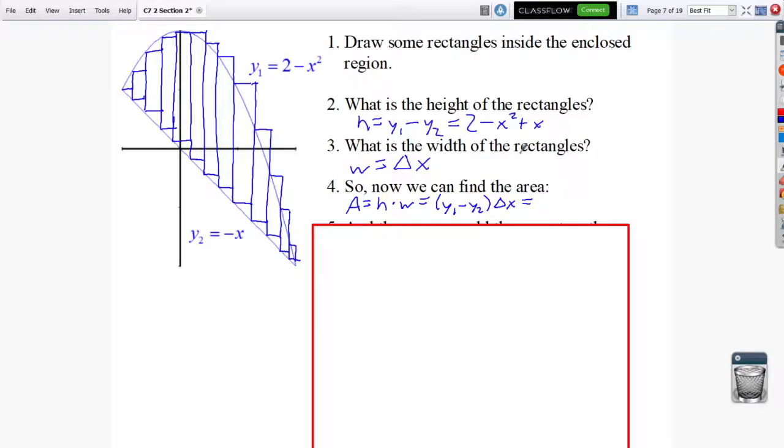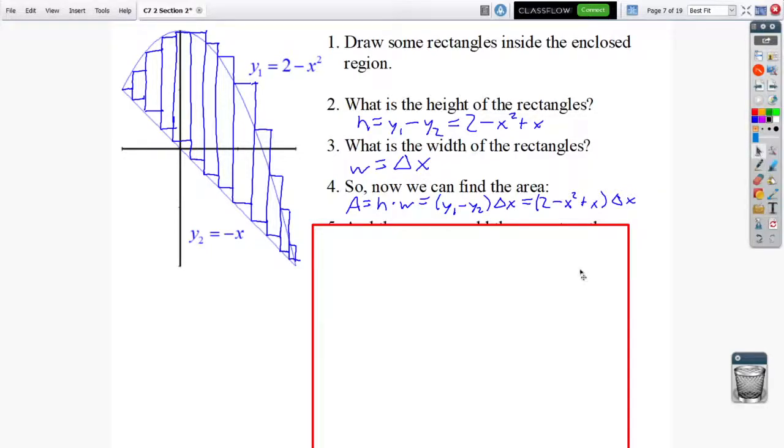Or in this particular setup, (2 minus x squared plus x) times delta x. So whether we're thinking of it as the dominant function minus the non-dominant function, or in the tangible example that we have right up here.